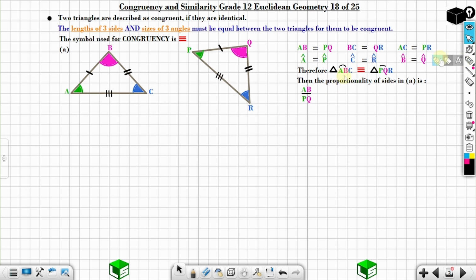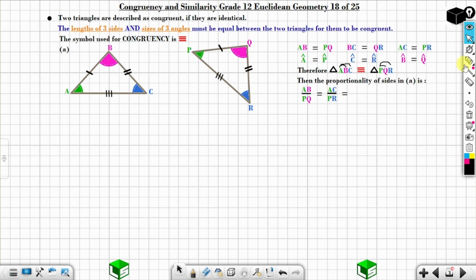Now you are going to use first and third letter in this triangle over first and third letter again, in another triangle. So this is equal to AC over PR. Okay, you carry on.